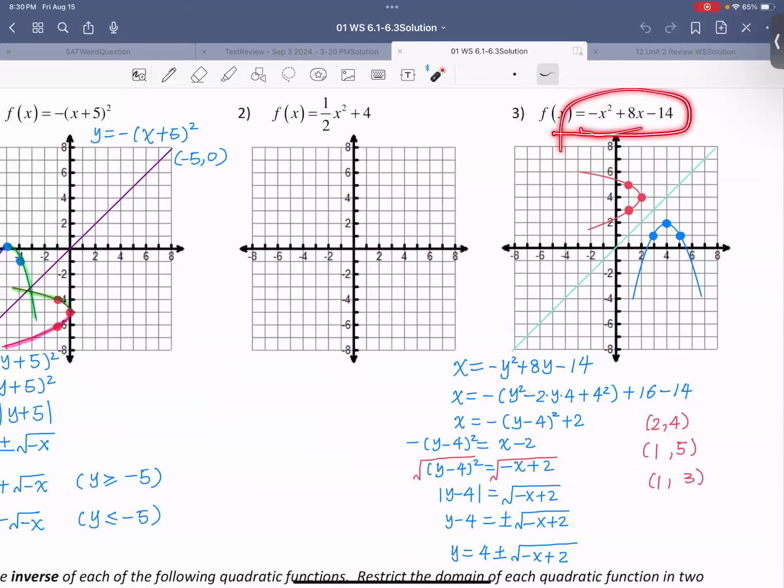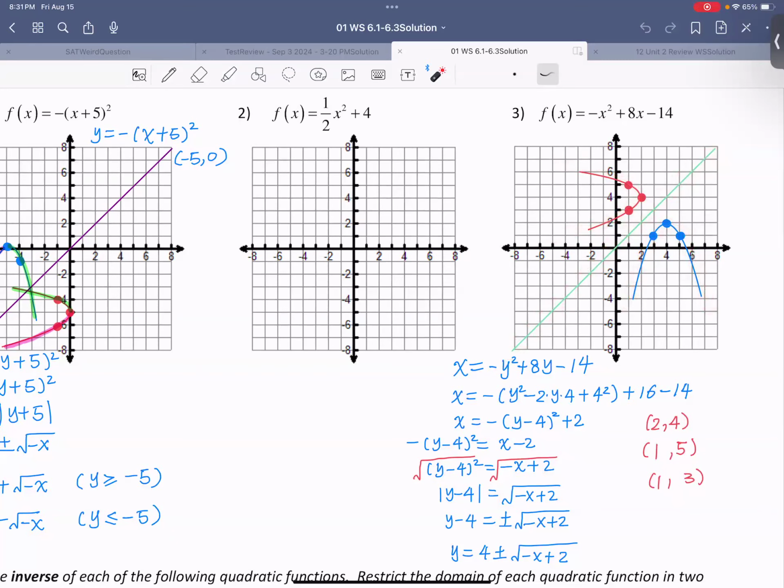So this guy is opening down like this, right? Yes. The original function and the inverse function have to be reflected over y equals x. So this guy, inverse function, suppose if you do this as a mirror, the image is like this, correct?